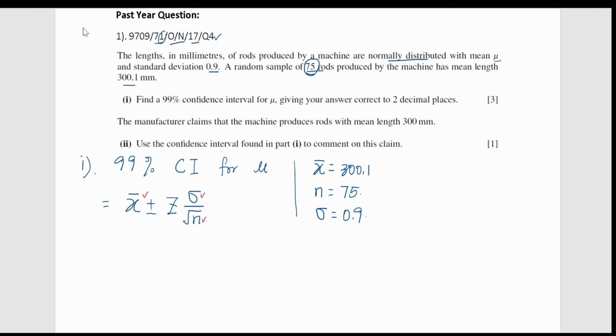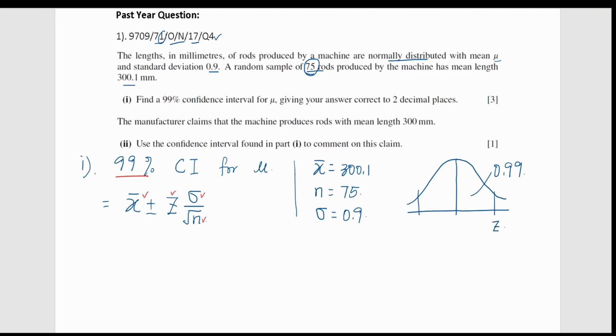So what we are going to do is to determine the z-score. How do we determine the z-score? It comes from this 99% confidence interval. Again, we must remember that when we are finding the confidence interval, it is bounded symmetrically in the middle to give you an area of 0.99, which is 99%. So what is the corresponding z-score here?